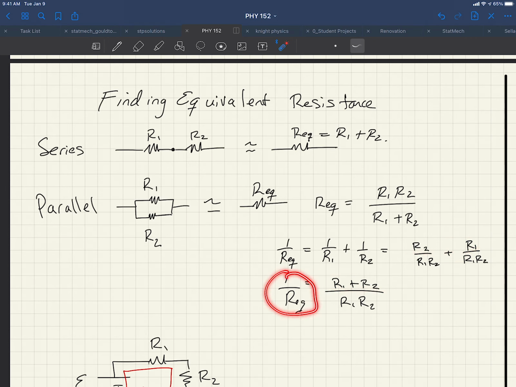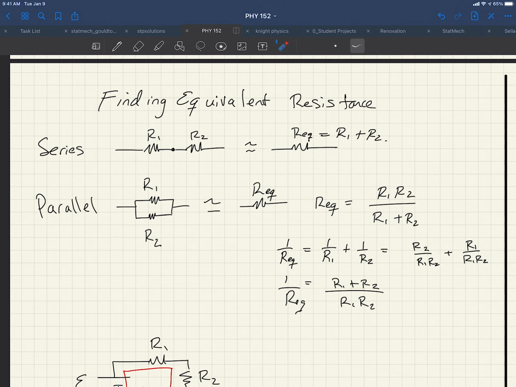But of course, this isn't what we want. We want 1 over this, which is how we get this result there. And so what you get here is R1 R2 over the sum of R1 plus R2. And you can plug in any positive values here and see that this fraction will always be less than either one of those two positive values.